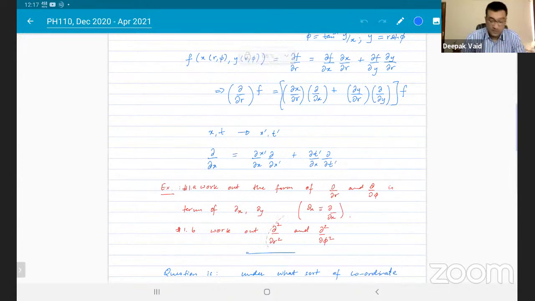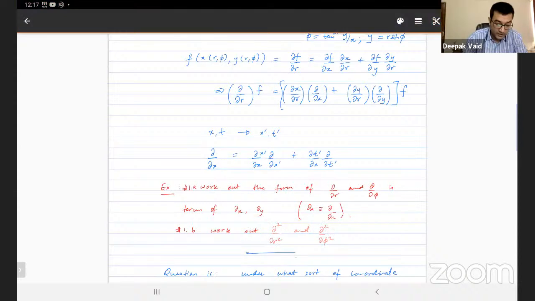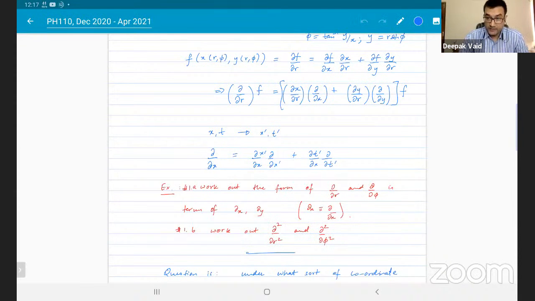So if you can calculate this R phi square, this will also become very important later when we look at electromagnetism. This requires you to sit down and do a little bit of algebra, which can be annoying, I know, but well, that's life, I guess.